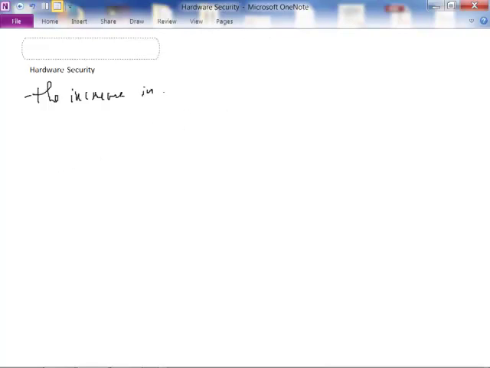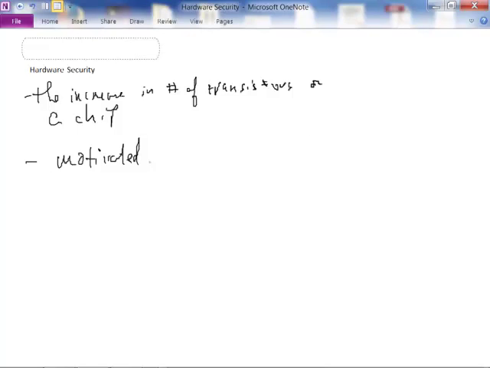So again, we've seen a large increase in the number of transistors on a chip. So this motivated the technique of design reuse.